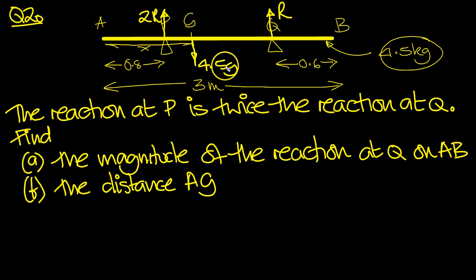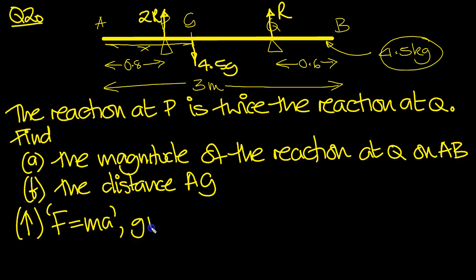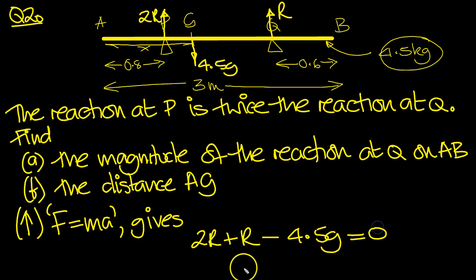So let's just look at the forces then vertically. So resolving the forces vertically and applying F equals ma gives, there's no acceleration, it's in equilibrium, so the resultant force will be 0. So 2R plus R minus the downwards force, 4.5 G, must equal 0.